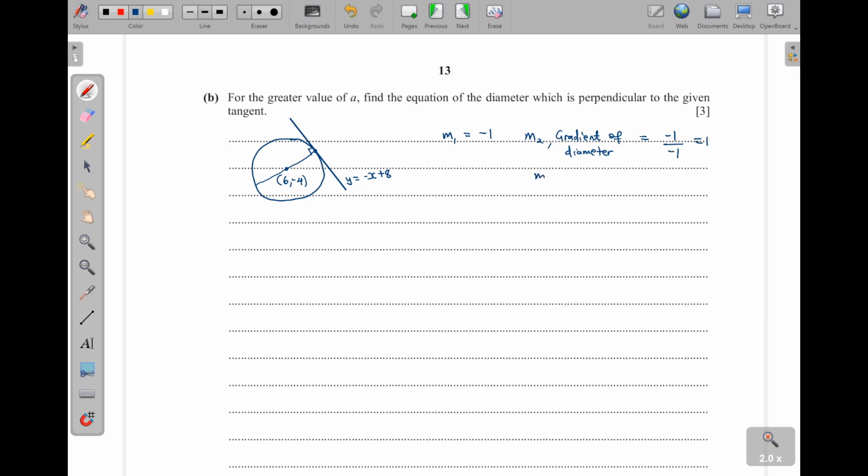Because we are using m1 times m2 is equal to negative 1 for perpendicular lines. All right. Now from there, let me write for you something here. A tangent is always perpendicular to the radius or diameter.